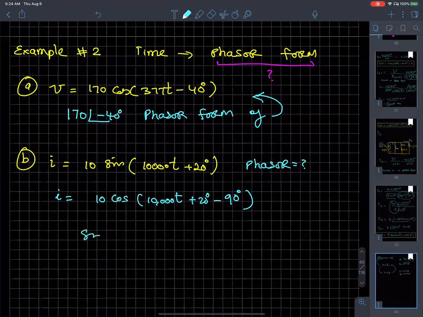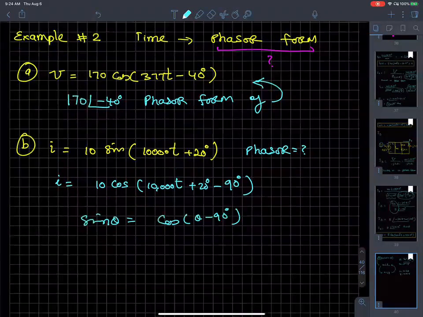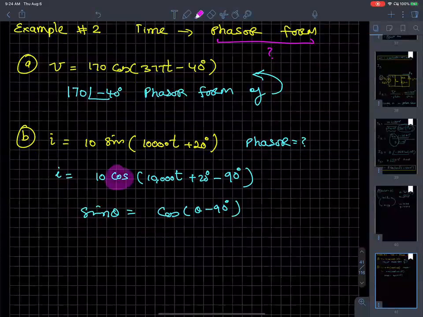Sine of theta is cosine of theta minus 90 degrees is the trigonometric identity I am using here, because I want to express everything in my standard cosine form. Now what I have is I can represent this guy in the phasor form as 10 angle negative 70 degrees.